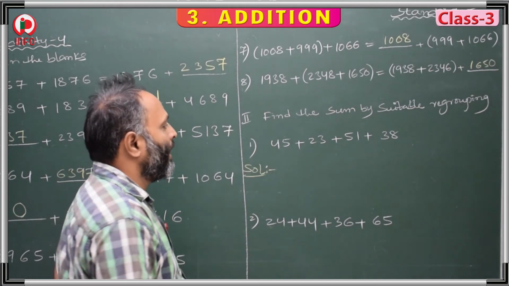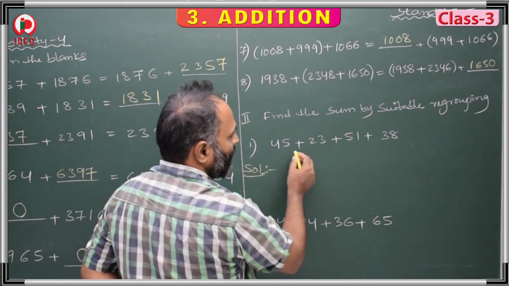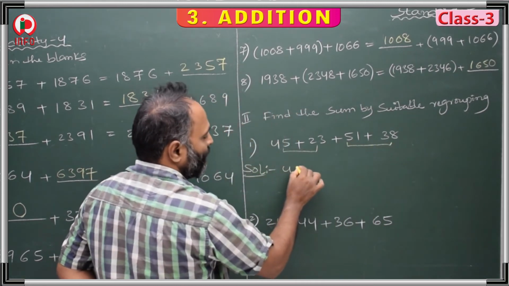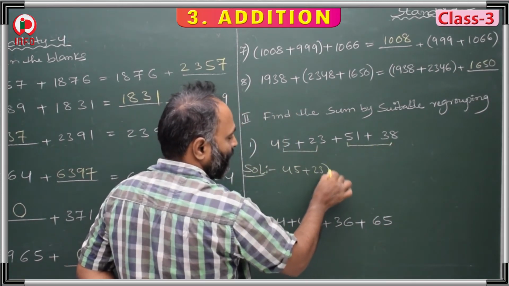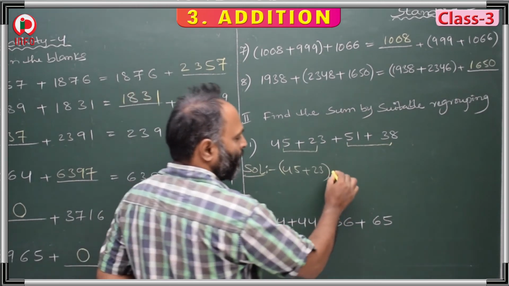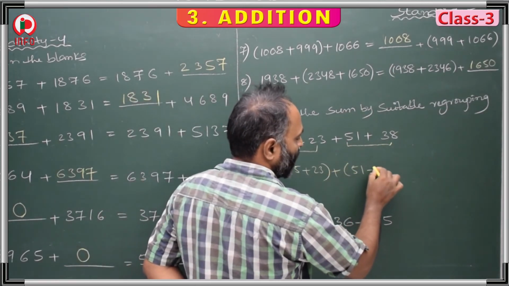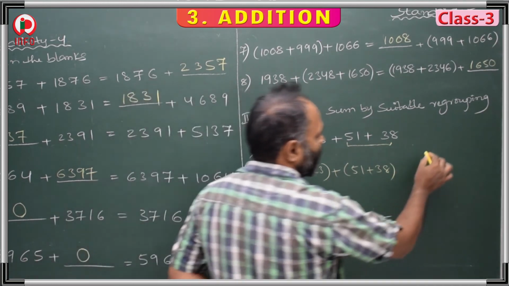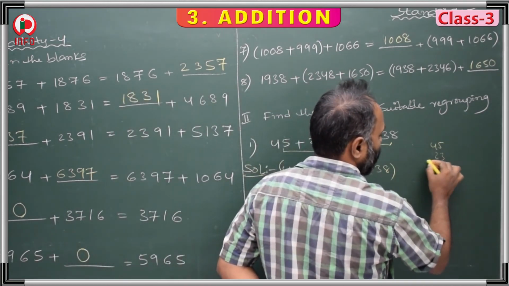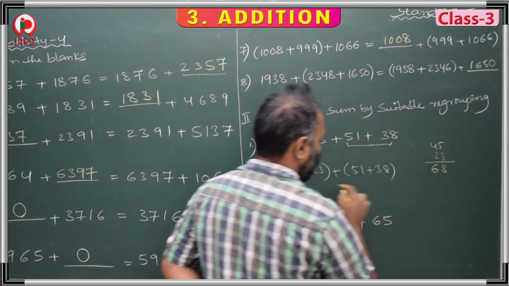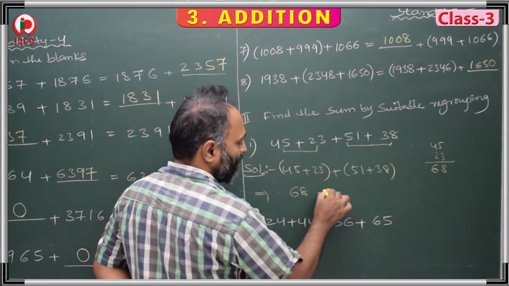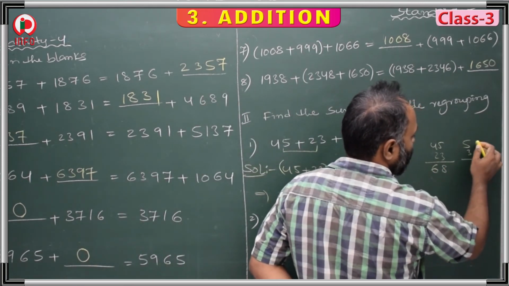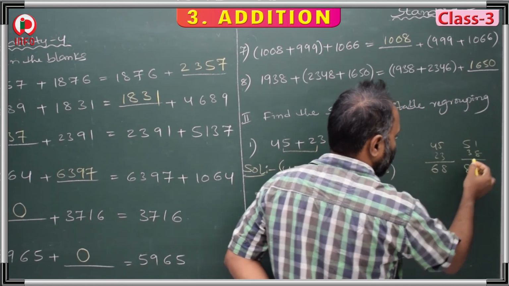So here, I want to take these two in one group and these two in one group, like 45 plus 23 in one group, plus 51 plus 38 in one group. 45 and 23: 8 and 6, this answer is 68. Plus 51, 38: 8 plus 1, 9; 5 plus 3, 8. 89.